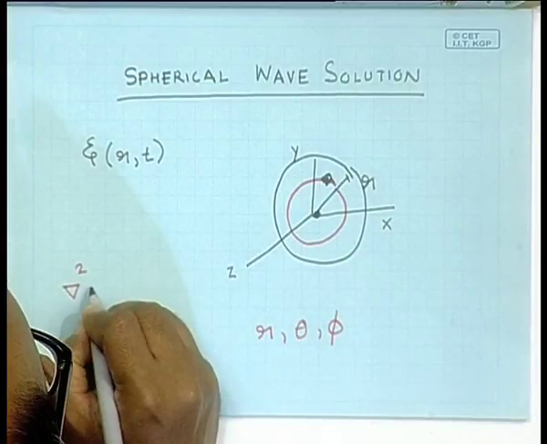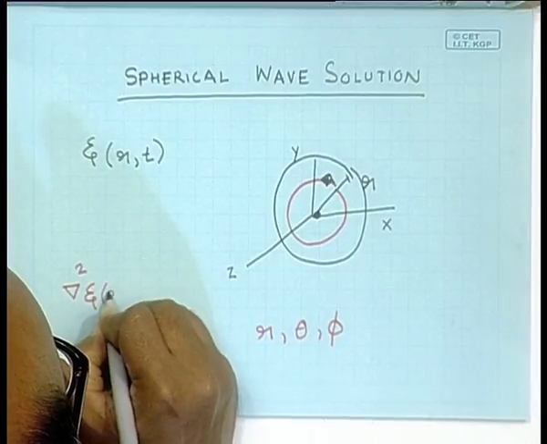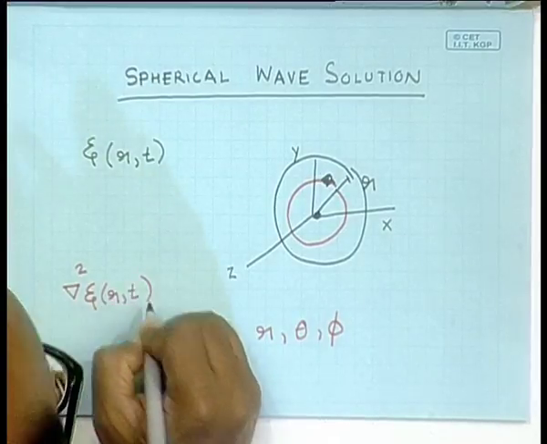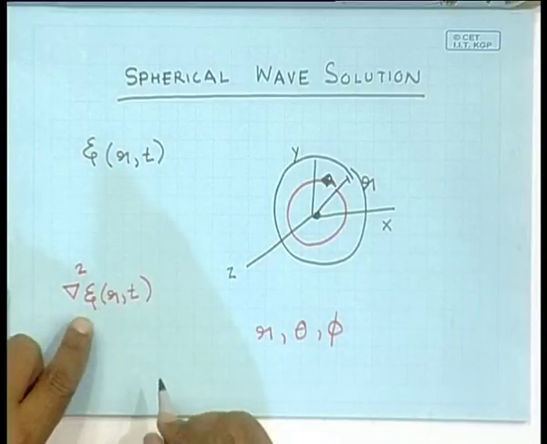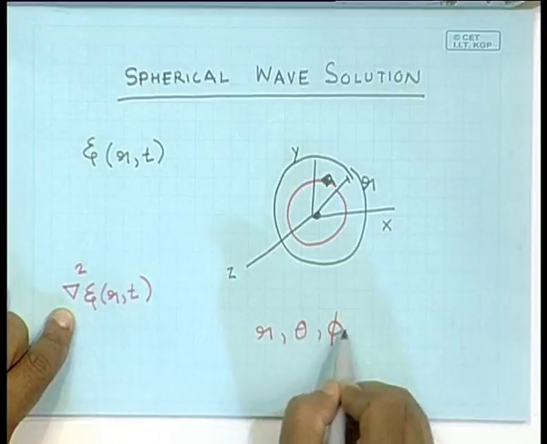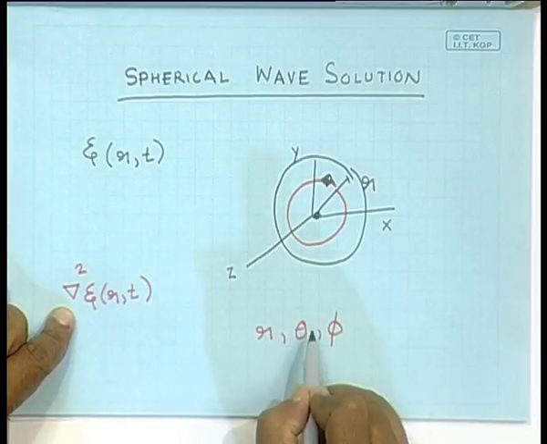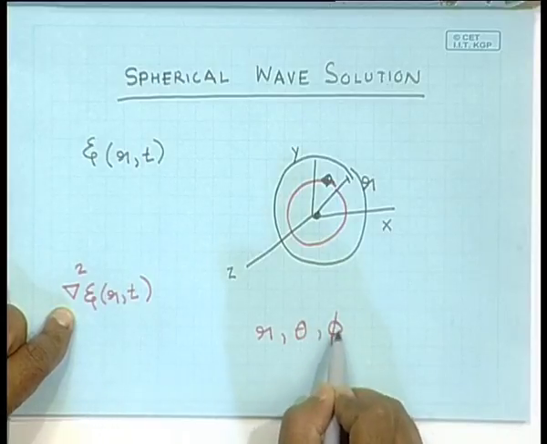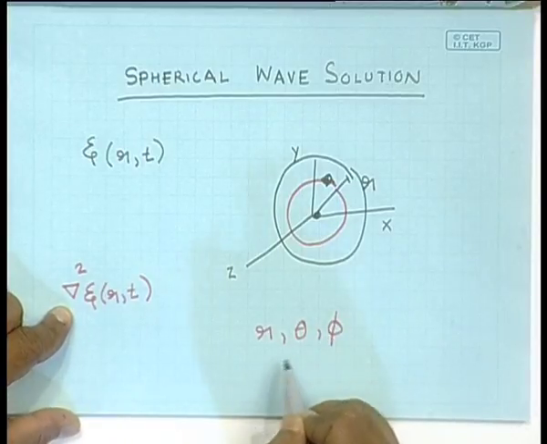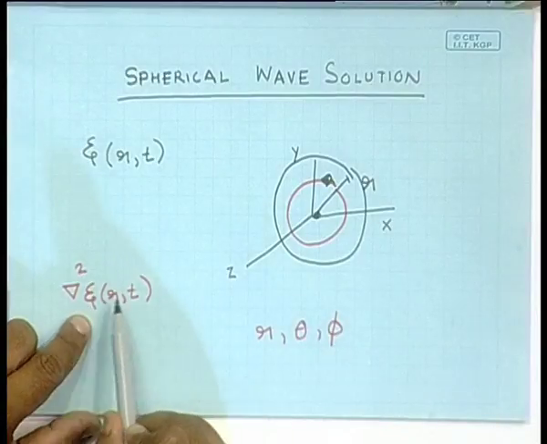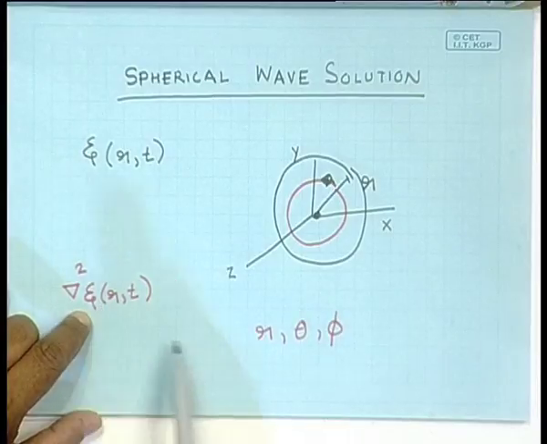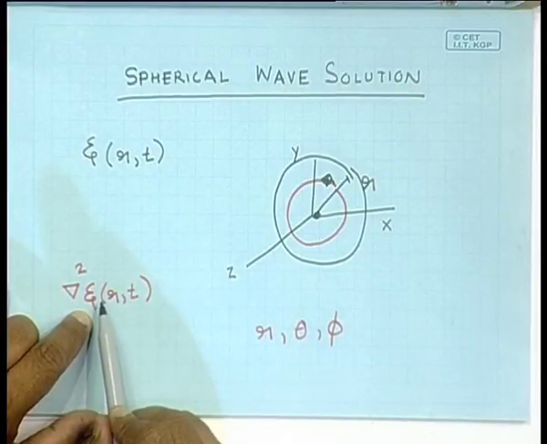The point is that I can write this in the spherical polar coordinate system, and in general the Laplacian will have derivatives with respect to r, derivatives with respect to theta and derivatives with respect to phi. You can get the expression in any book on mathematical physics or electrodynamics, but the point here is that the derivatives with respect to theta and phi are not going to be important because we are assuming that xi does not depend on theta and phi, it depends on r alone.